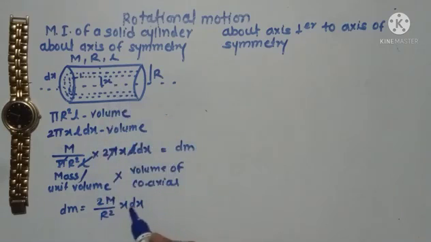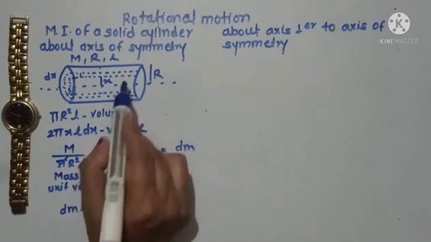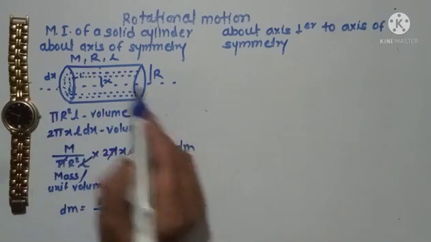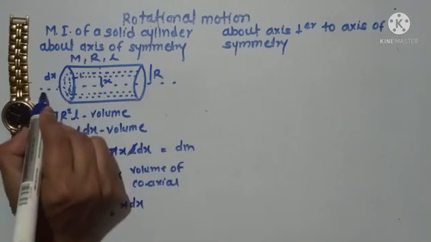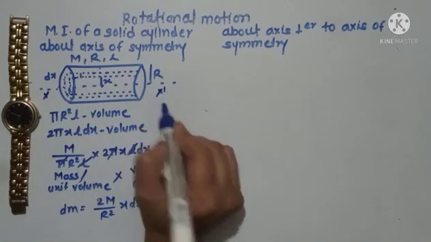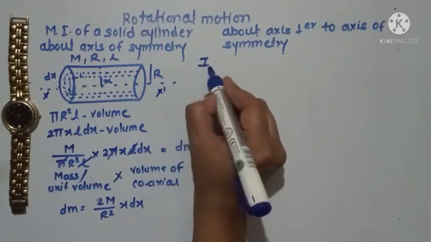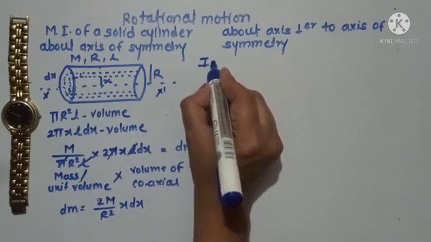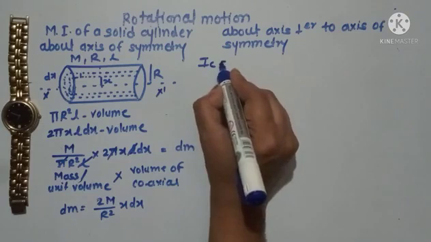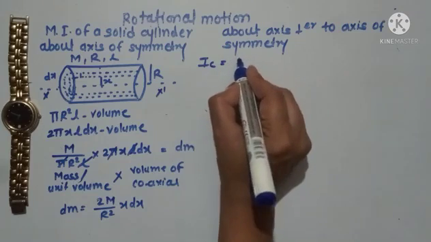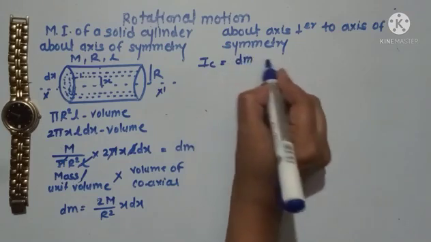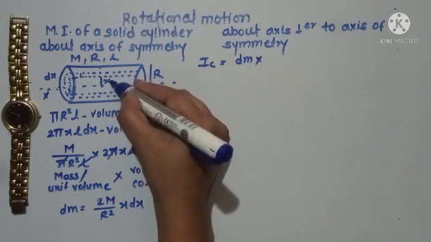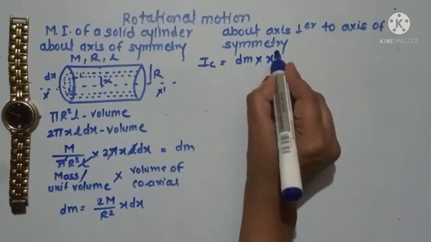Now if I want to calculate the moment of inertia of this coaxial cylinder about the axis of rotation, which is the axis of symmetry of the cylinder, let us call it x'. So the moment of inertia of this coaxial cylinder, consider it as I of the coaxial cylinder, will be the mass of the coaxial cylinder multiplied by the square of the distance from the axis of rotation, which is x².